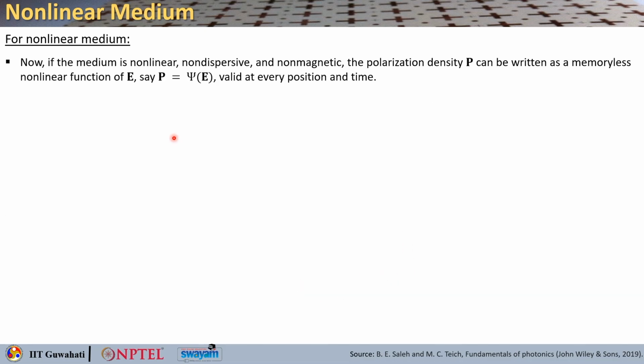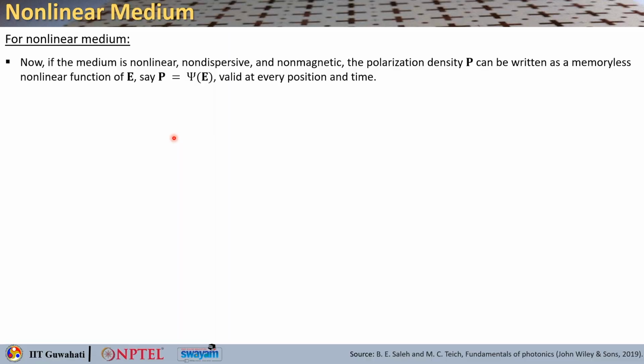Now, let us focus on the special case that we want this to be nonlinear. If the medium is nonlinear, non-dispersive and non-magnetic, the polarization density P can be written as a memoryless nonlinear function of E. So, you can write P equals psi of E, which is valid at every position and time because it is non-dispersive.